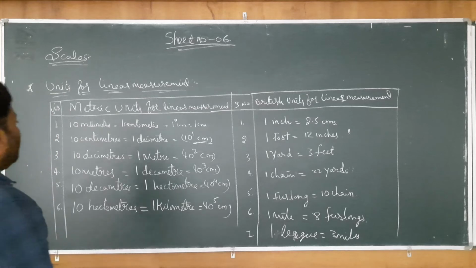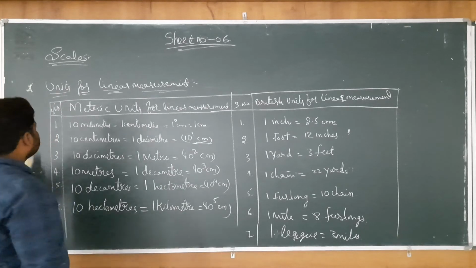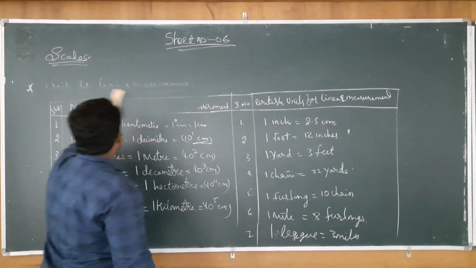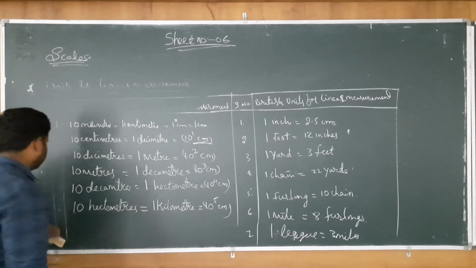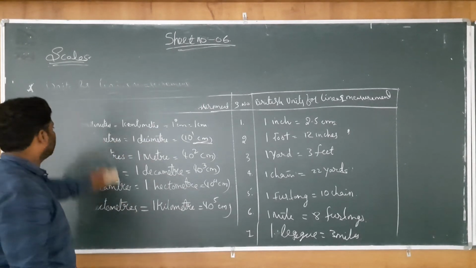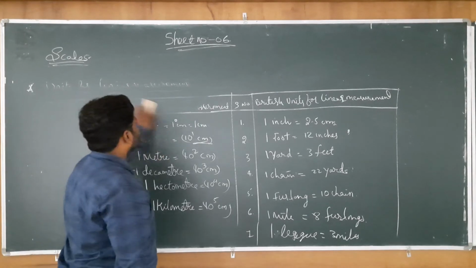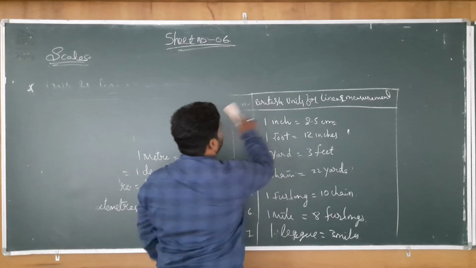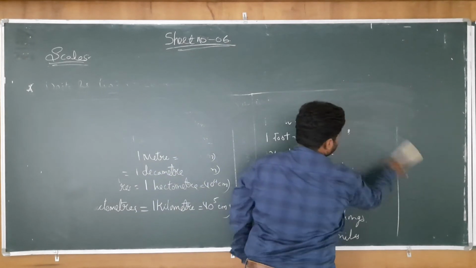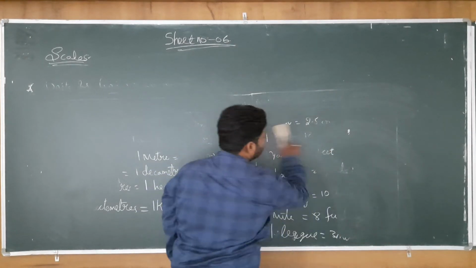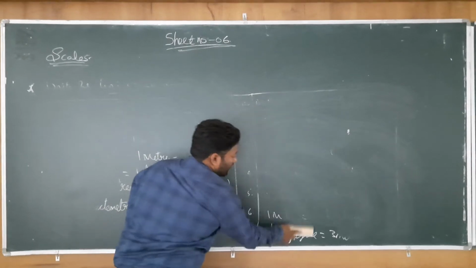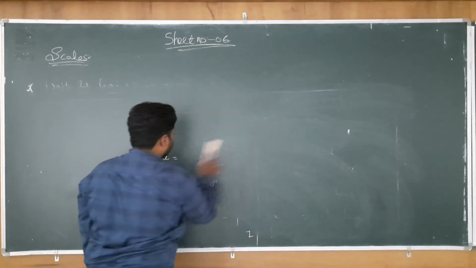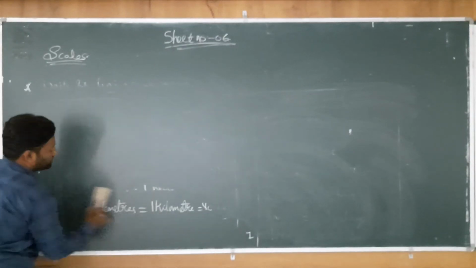So after this we have to go for types of scales. Here we have come to know about the engineering scales, and after that we have solved the units. We have to remember the units also. After the units, we have to go for the types of scales.